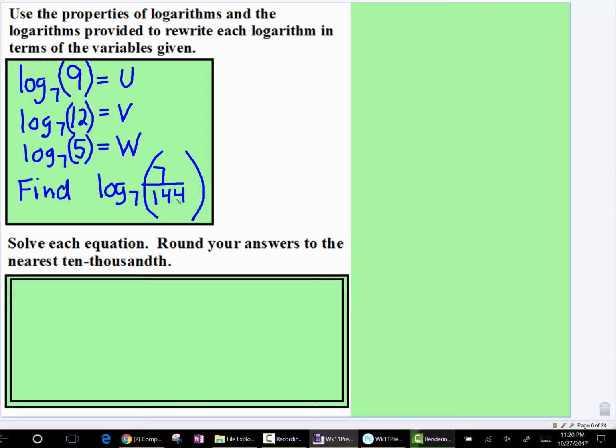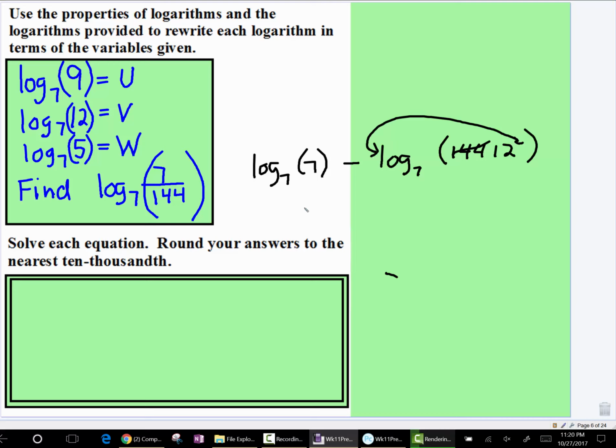Well, we could expand that to subtraction. So log base 7 of 7, subtract log base 7 of 144. Well, 144, we have a 12 here, can be rewritten as 12 squared. Then the 2 is going to come down in front.